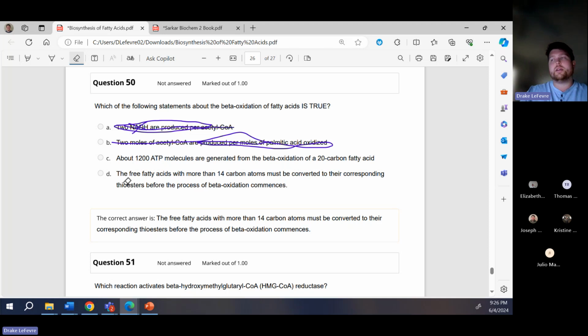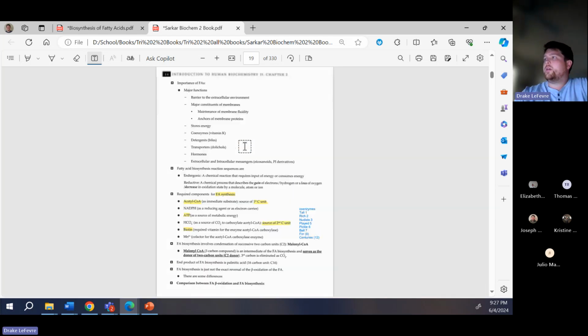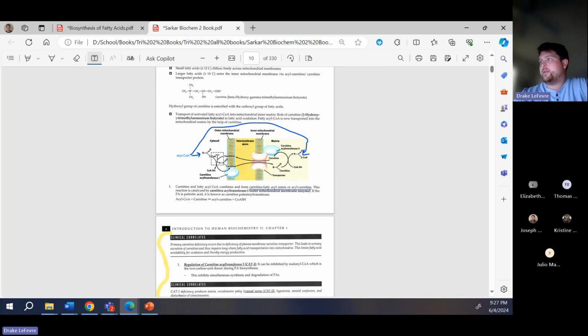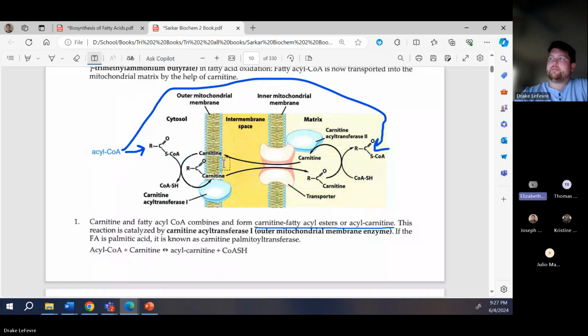Do you remember back about that in beta oxidation, what it needs? It's the transport. It's the carnitine. That's right, carnitine.